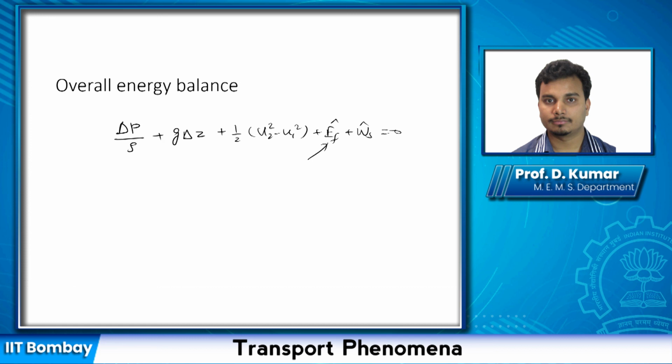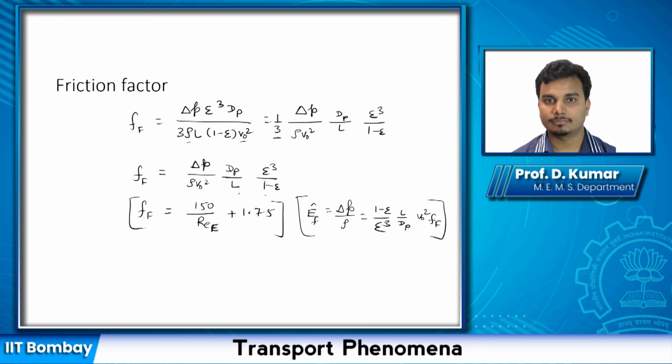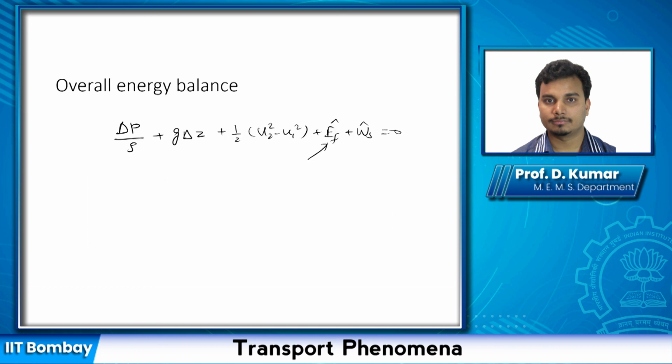If it is just a packed bed, then delta P by L. But if it is connected to some other flow system and you want to do an overall energy balance for that system, then you have to use this equation, and for this equation you can find EF as this thing here. So the algorithm remains the same. In this case there is a single equation for EF, whether your flow is laminar or turbulent, so that makes life much easier. And other terms you already know.